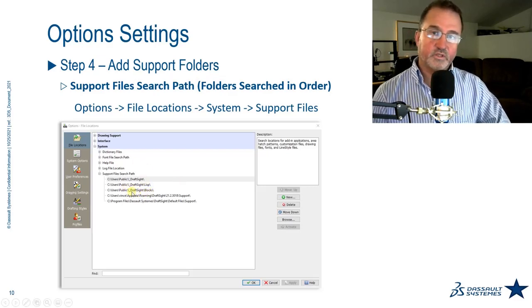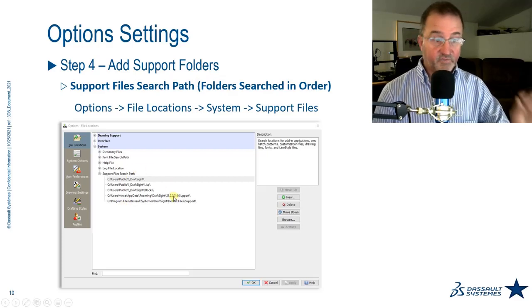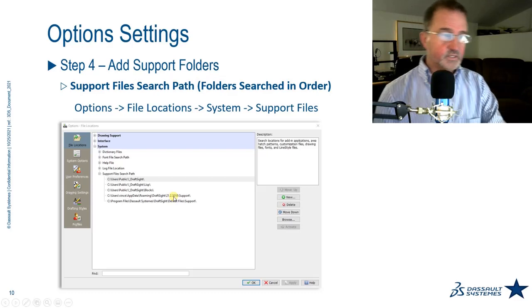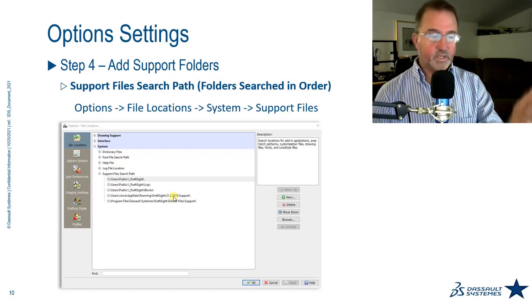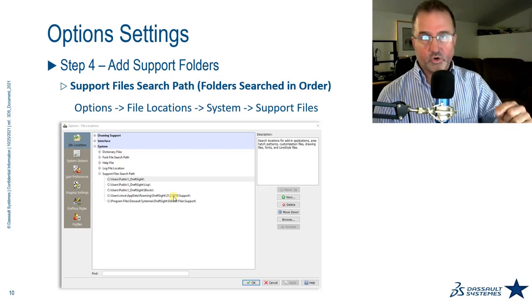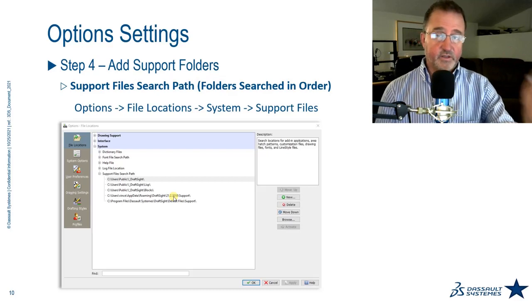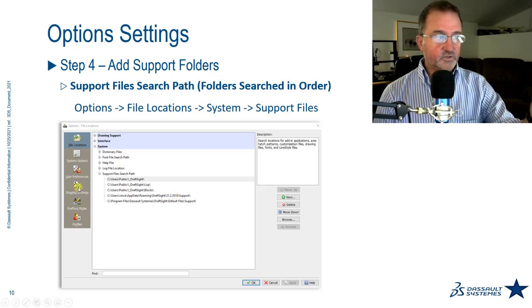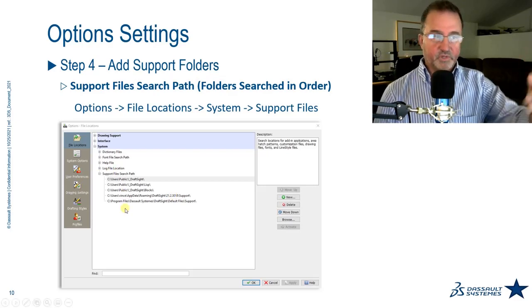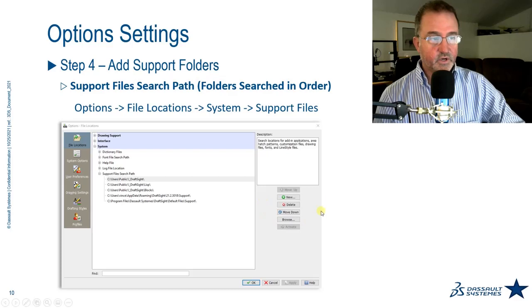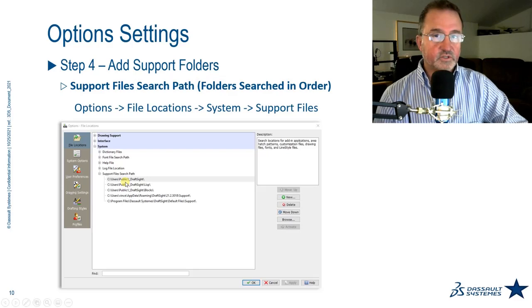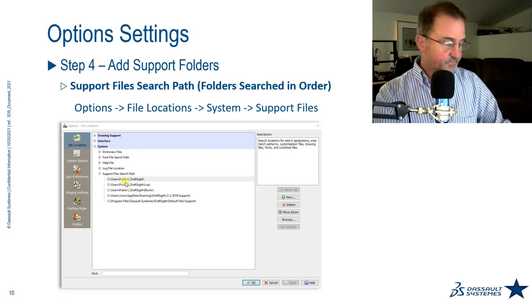And the way these work in the support folder is when DraftSight goes to look to find either a Lisp routine, if you don't specify exactly where it is in the system, if you just say find and go get this Lisp routine or this block drawing, it will go through these in sequential order to see if it can find that file, and if it can, then it will automatically launch it. So it's really good to know that these files are searched sequentially as they're placed here, and that's why you see over here we have this Move Up and Move Down, so that if we select one of those folders, we can change the sequence of how that file is accessed.